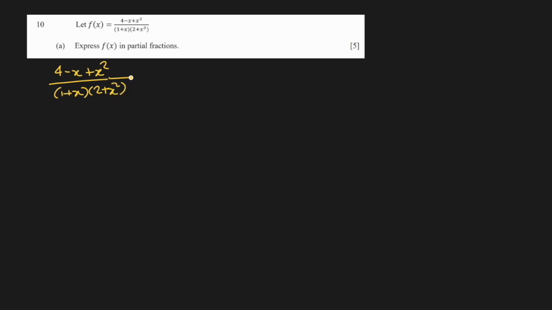The first thing we should do is look at the degree of the numerator. The degree of the numerator is 2. The degree of the denominator is x square here, x here, so total 3. So the denominator's degree is more than the numerator's, so we can straight away start our partial fraction.